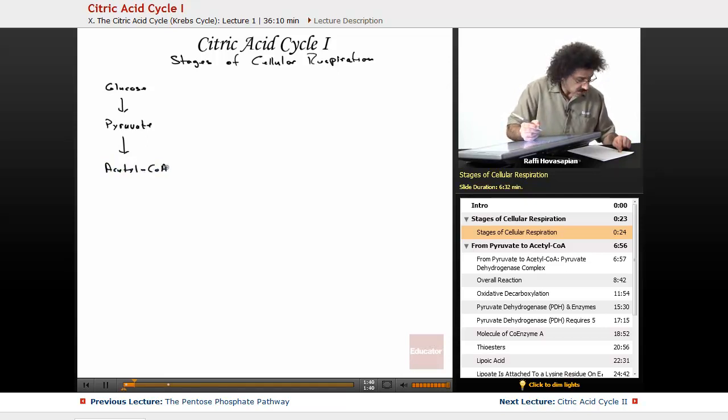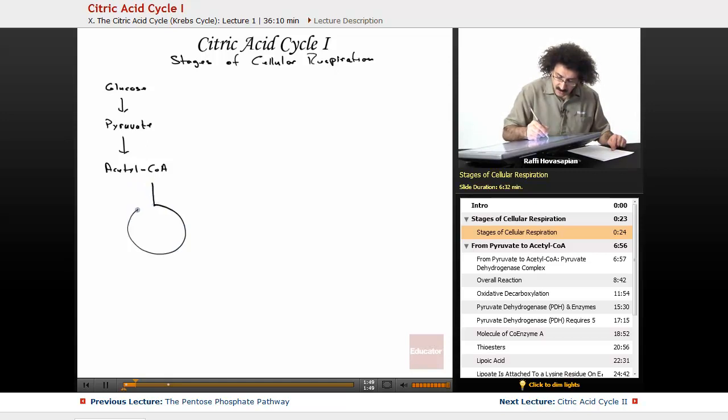So the pyruvate goes to acetyl coenzyme A. Now from here, the acetyl-CoA enters the citric acid cycle.